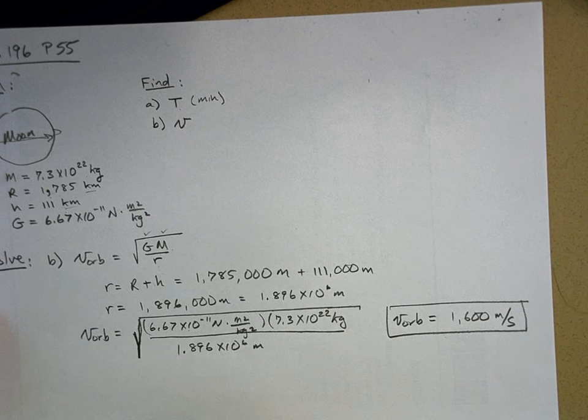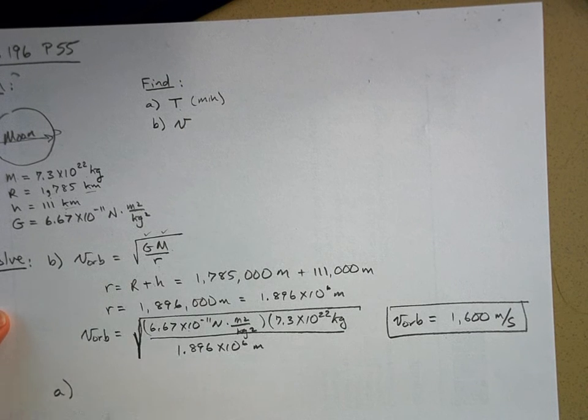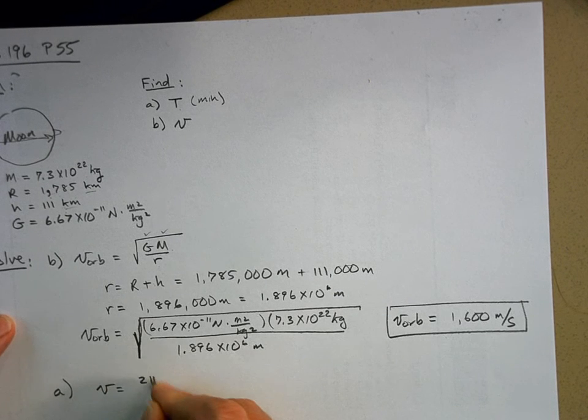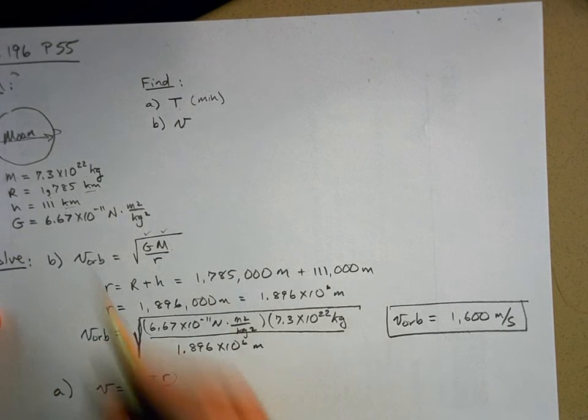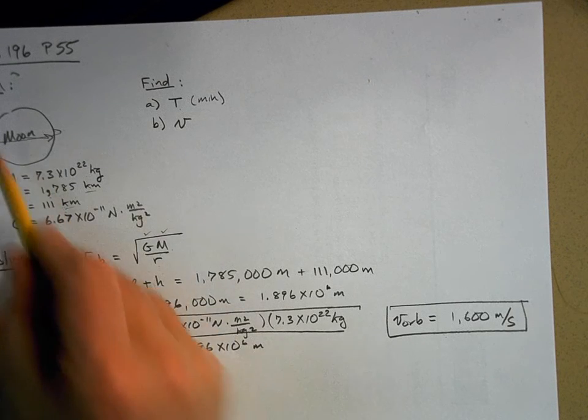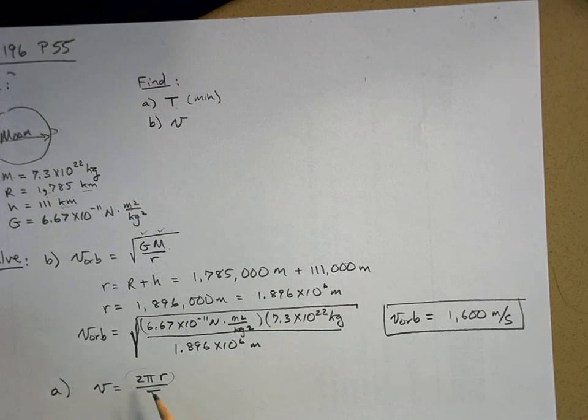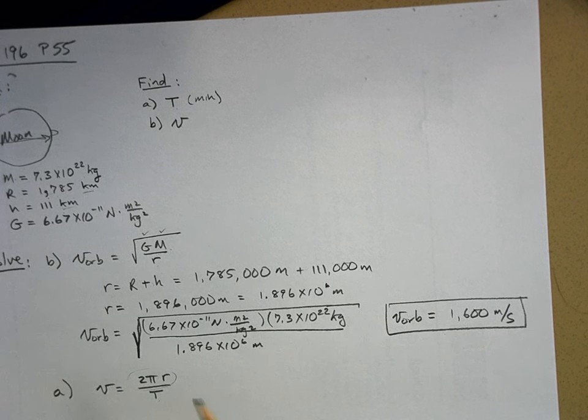Okay, well, now that we know that, let's do part A. And the way I like to do this, because it's just easier, is you say, well, the velocity is equal to 2 pi r over the period. Because 2 pi r, that's the circumference of a circle, and we're going around the moon in a great big circle. And the period is defined to be the time it takes to make one circle.